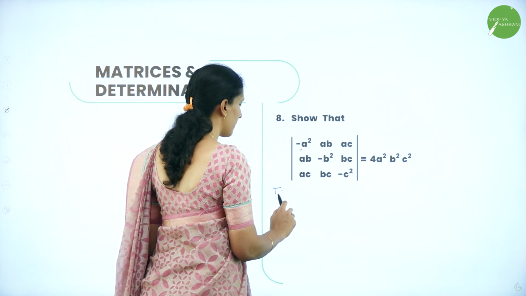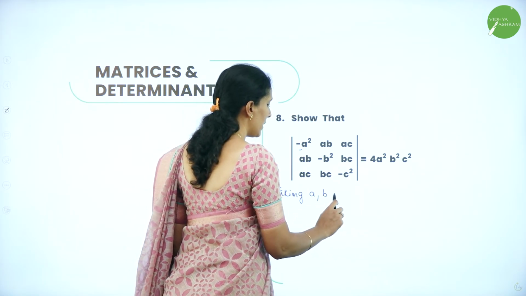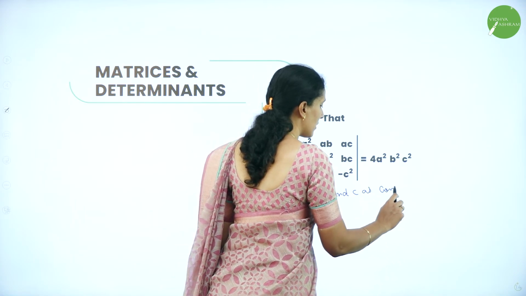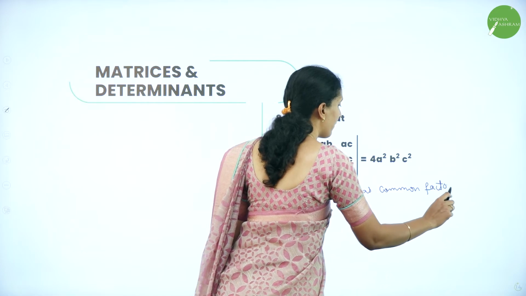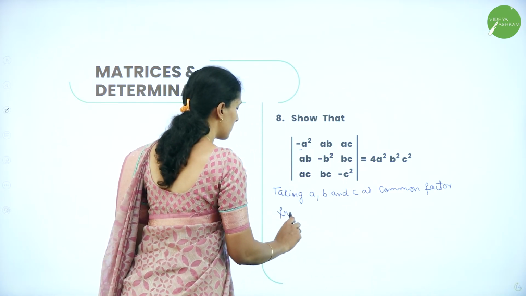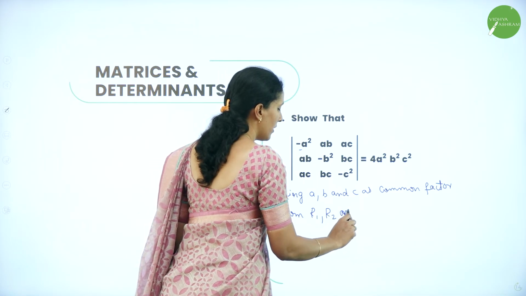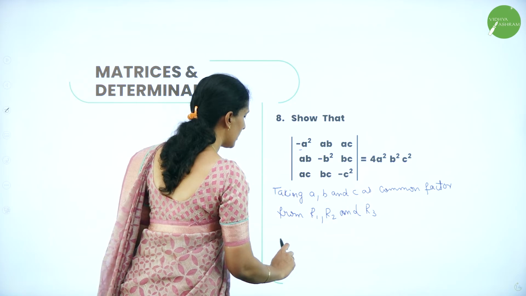So taking A, B and C as common factor from R1, R2 and R3, what we will get here?